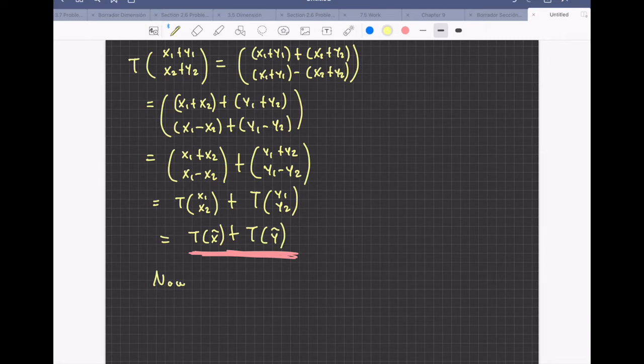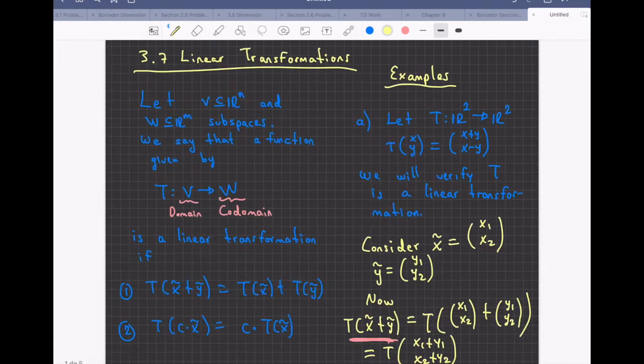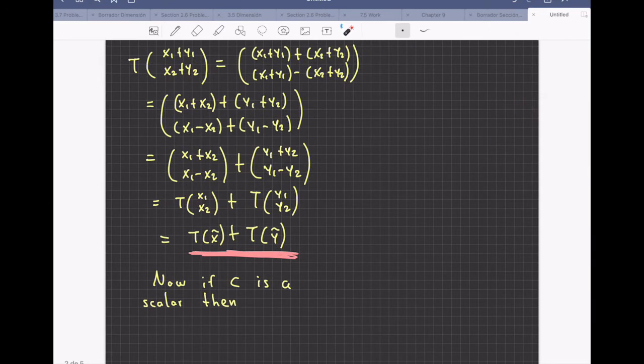Now, if c is a scalar, then we start with T of c times x, T of c times x, which is the same as T of c times (x1, x2).